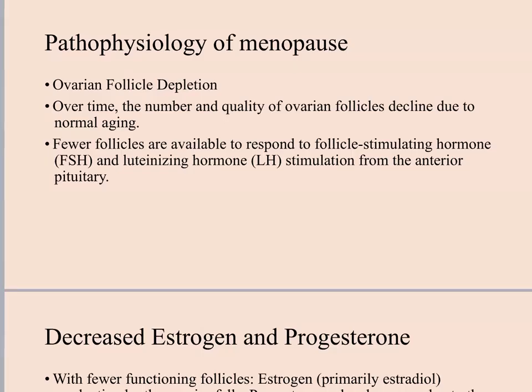Women have a finite amount of eggs. I mean, we have millions of them, but there is a limit to how many there are. And those follicles get depleted. Over time, the number and the quality of ovarian follicles decline. And that is just due to the normal aging process.